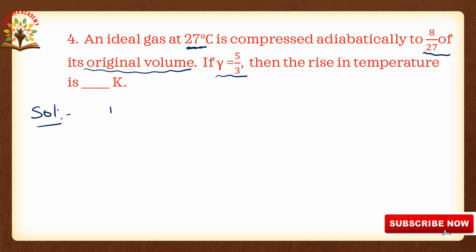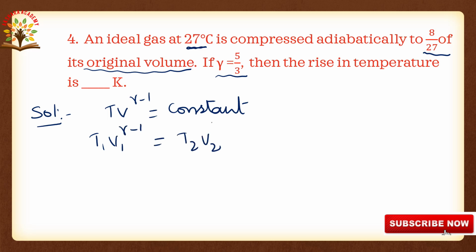From the adiabatic process, T V to the power of gamma minus 1 is equal to constant. From this we write the formula T1 V1 to the power of gamma minus 1 is equal to T2 V2 to the power of gamma minus 1. We have to calculate the rise in temperature. So T2 is equal to T1 into V1 by V2 whole to the power of gamma minus 1.